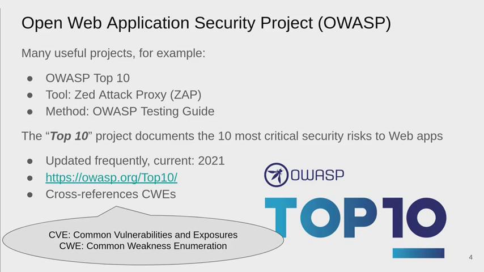The most recent update is from 2021, I think. There should be a new update this year. There are cross-references to CWEs, common weakness enumeration, and we'll list some CVEs as well, common vulnerabilities and exposures. So a CVE, to get back to the jargon and abbreviations, is a unique number for a vulnerability.